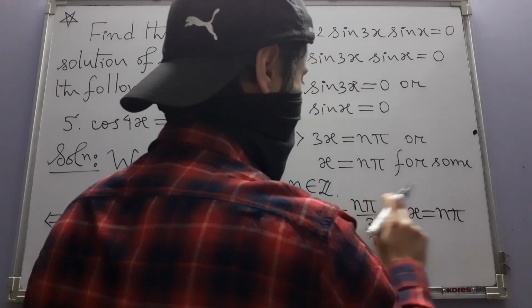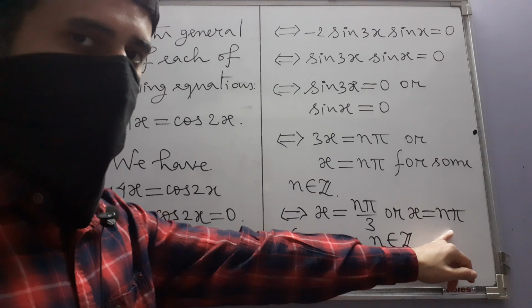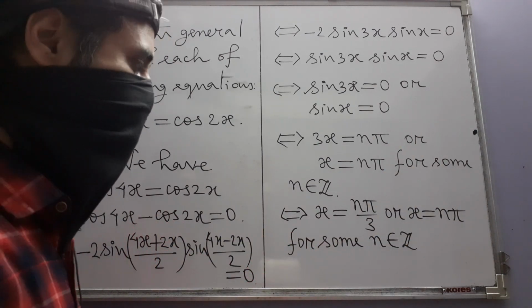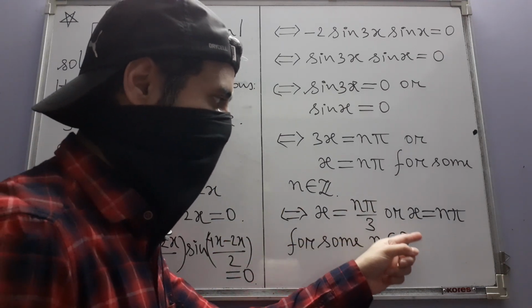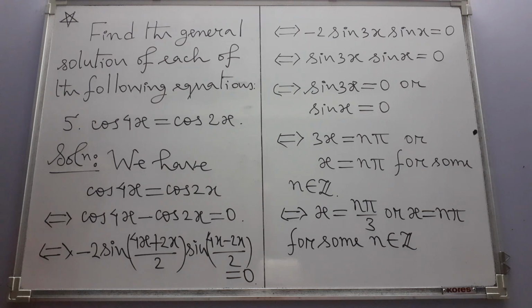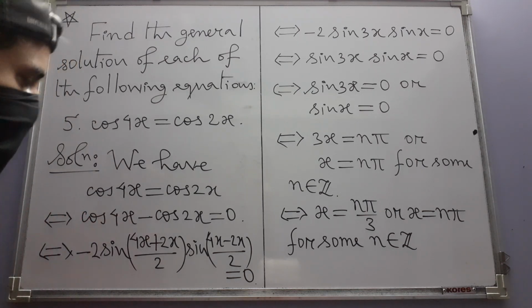Instead of writing n and m here, simply writing n in both the equations, we do not lose anything. We don't lose generality. So this is the solution. These are precisely the x values for which this equation is true. This is the general solution.